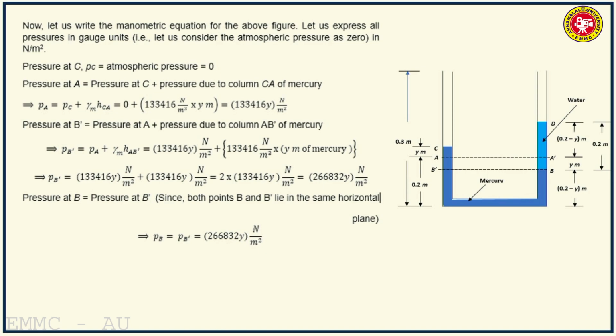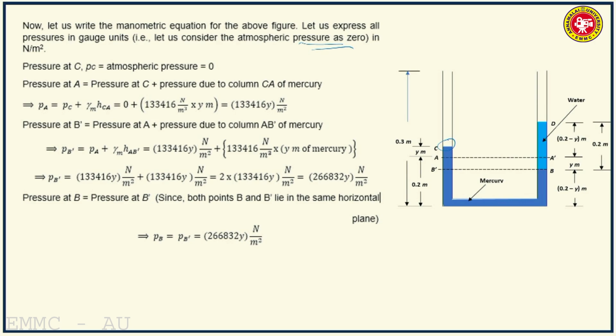Now let us write the manometric equation for the above figure. Let us express all pressures in gauge units, that is, let us consider the atmospheric pressure as 0, taking atmospheric pressure as the datum and expressing all the pressures in gauge units, either gauge positive or gauge negative depending upon the circumstances. So pressure at C, this is exposed to atmosphere, that is 0. Pressure at A will be more than C because A is below C. The pressure increases in the downward direction.